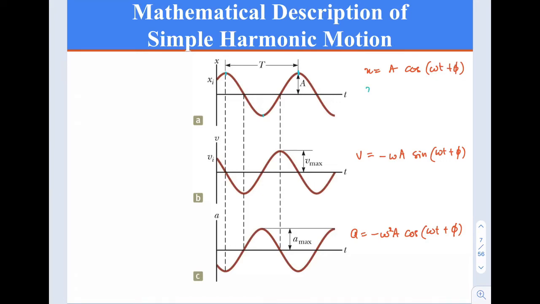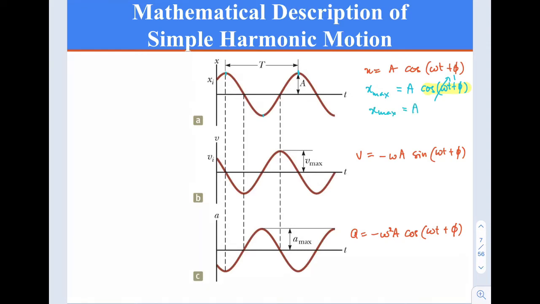If you want x maximum, the whole bulk of this function has to be at its maximum value, which is equivalent to 1. Therefore, x maximum is equivalent to A.